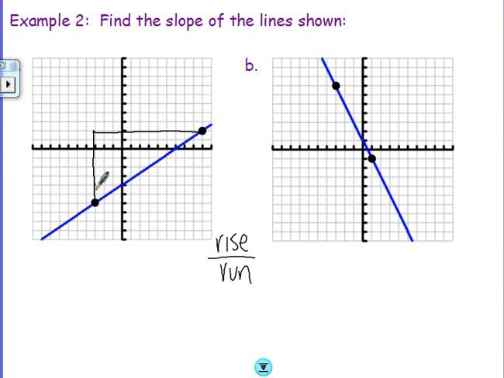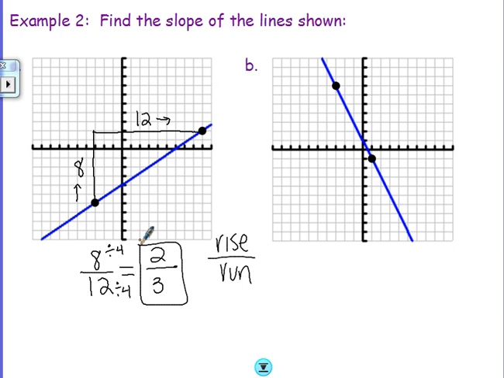So 1, 2, 3, 4, 5, 6, 7, 8 up. 1, 2, 3, 4, 5, 6, 7, 8, 9, 10, 11, 12 running. So rise over run is 8 over 12 because we went +8 and +12. 8 over 12, if you reduce it and you divide them both by 4, my slope is 2 over 3.